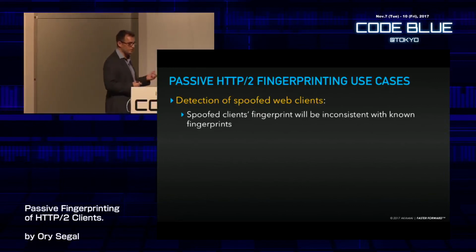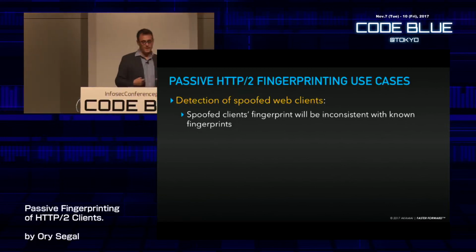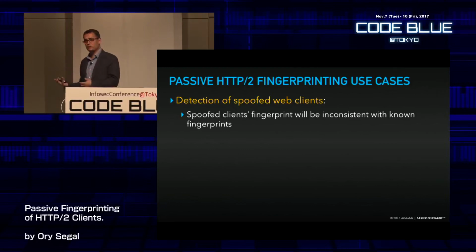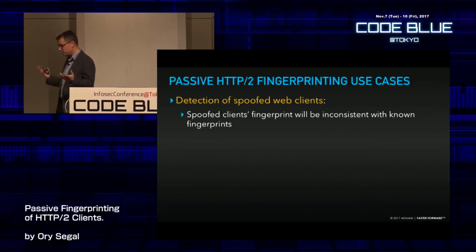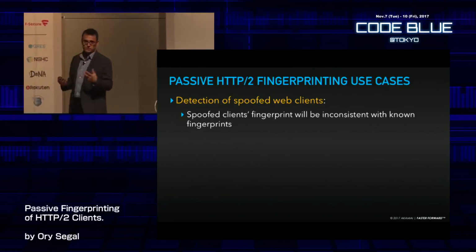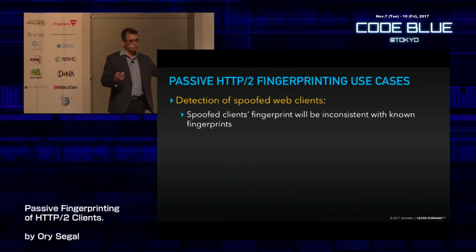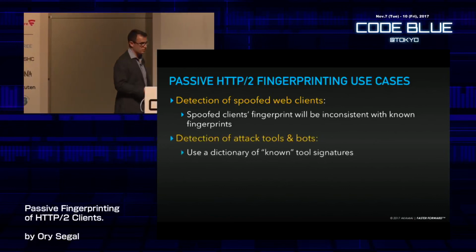If we know how the HTTP/2 fingerprint looks for that user agent, we can check this inconsistency and figure out that somebody's trying to lie to us. That's very easy. You see somebody claiming to be Chrome, but the header order looks like OkHttp. It's obviously a developer or some security pen tester that is spoofing the user agent.